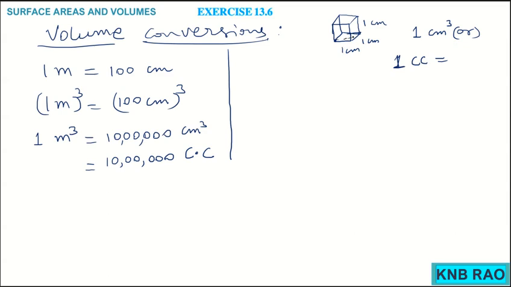The quantity of liquid present in a cube of 1 centimeter by 1 centimeter by 1 centimeter will be called 1 ml, milliliter.